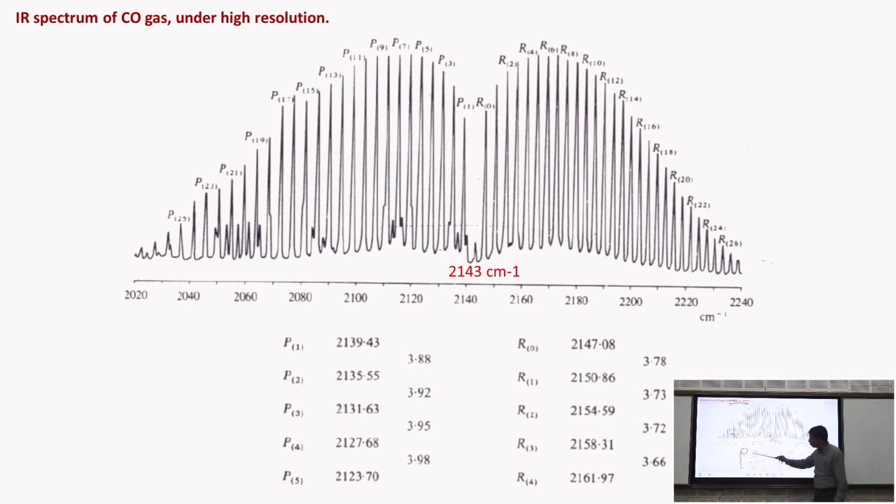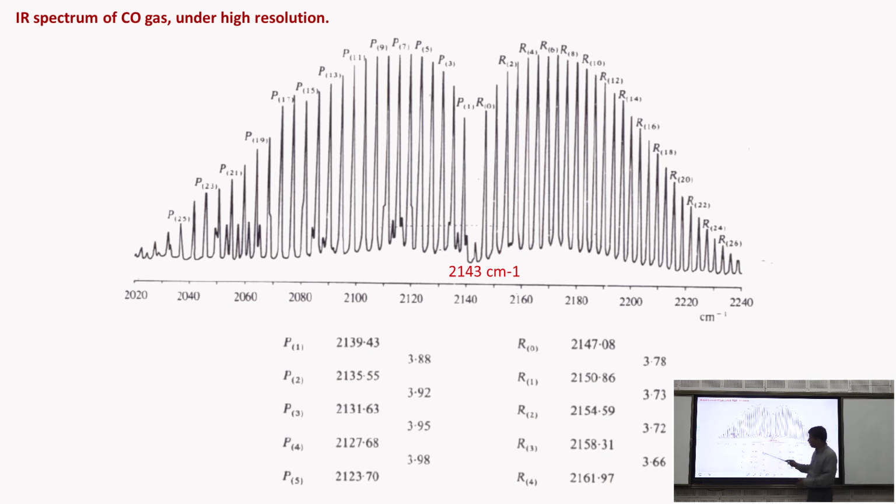This is taken from another book. So the difference between P1 and P2 is 2B, 3.88. The difference between P2 and P3 should again be 2B, so it should be 3.88. The difference between these again should be the same, but you see there is a change: 3.88, 3.92, 3.95, 3.98, meaning the difference is increasing.